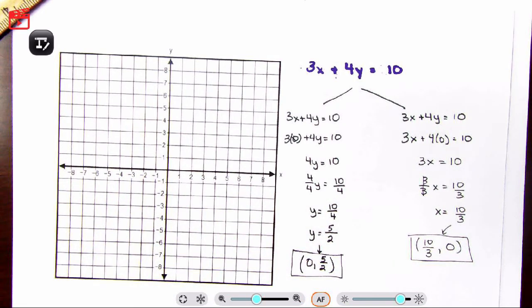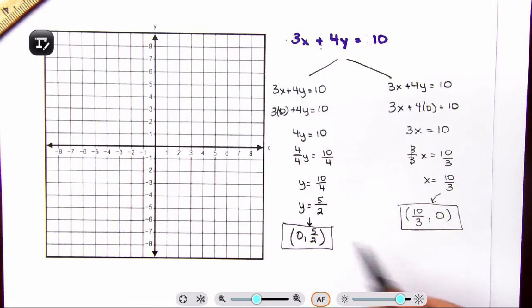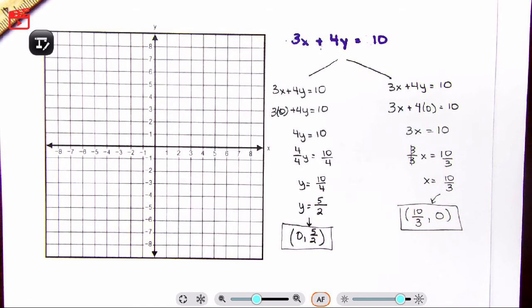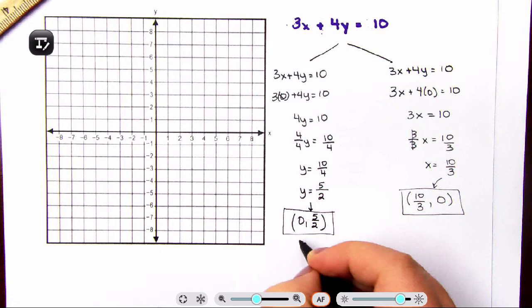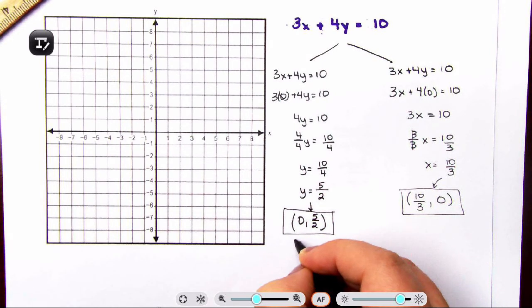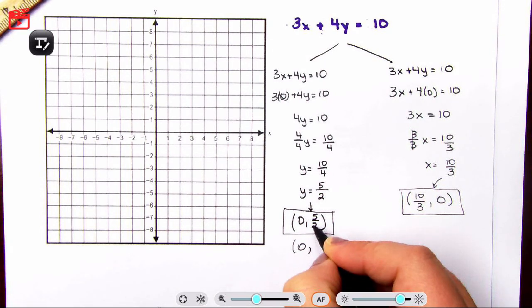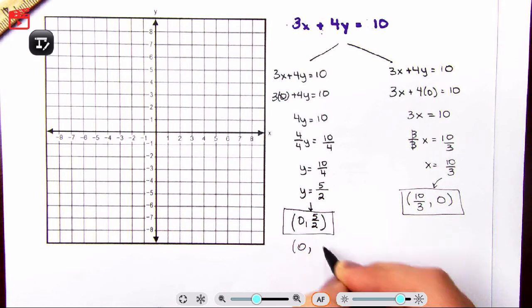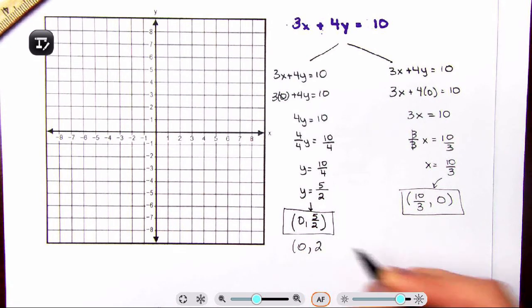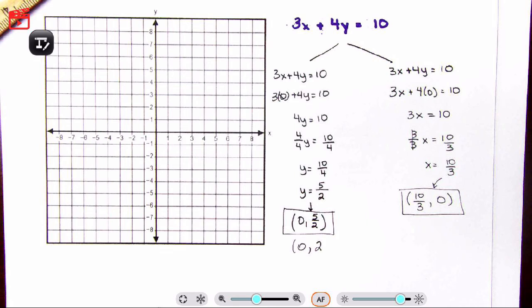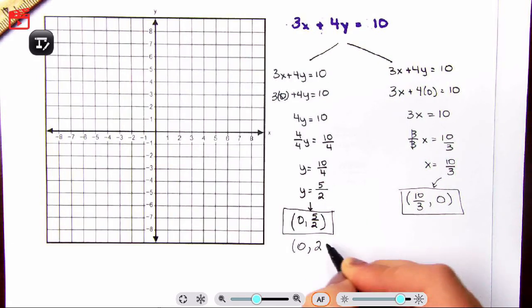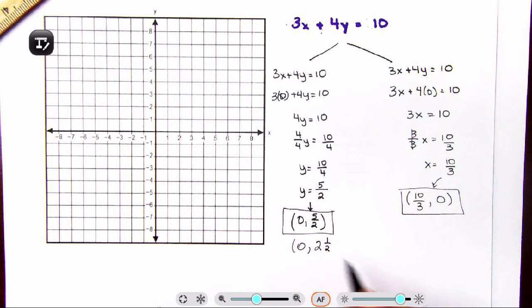So how do I deal with this as a fraction? Notice that these fractions are improper fractions, so I'm going to convert them to a mixed number. How many times does 2 go into 5? 2 times 2 is 4, plus 1 is 5.